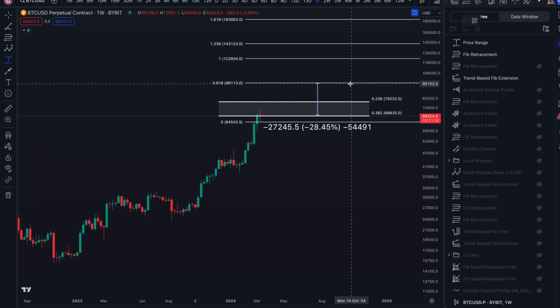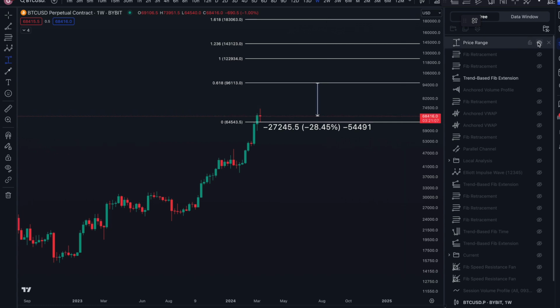moves up. So you've got to think about, if we are in the wave 5 and we hit the 0.618, which is around 96,000, or 85,000, or even 100,000, you have to remember that there is going to be a correction of this entire wave, and that will come. The minimum is a 0.236 correction up to the 0.382, just like what we're currently doing now in terms of this mini wave 4 correction.